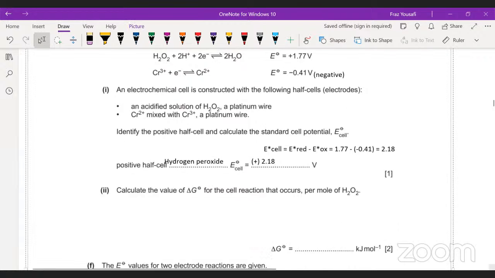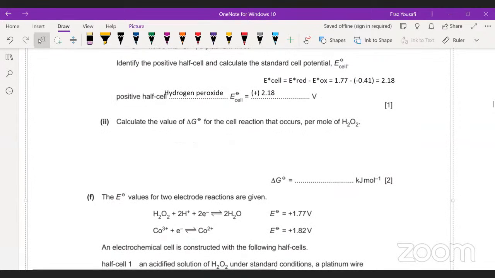Now, the next part is again linking to the delta G formula that comes in when we talk about our particular E naught values. This is one of two delta G formulas that you should be able to write into your exam itself. And that is delta G is equal to negative N times the E value times your Faraday constant.